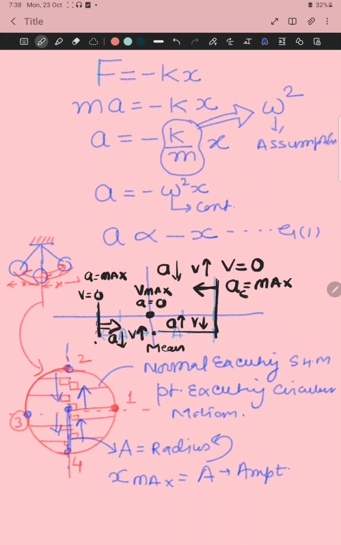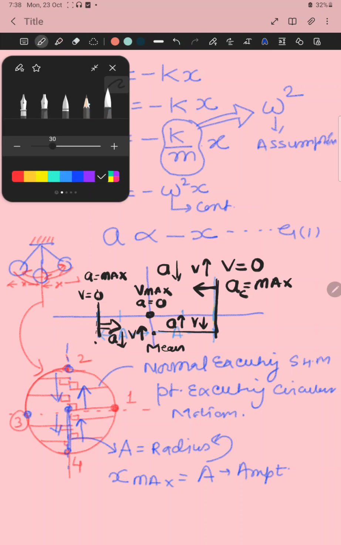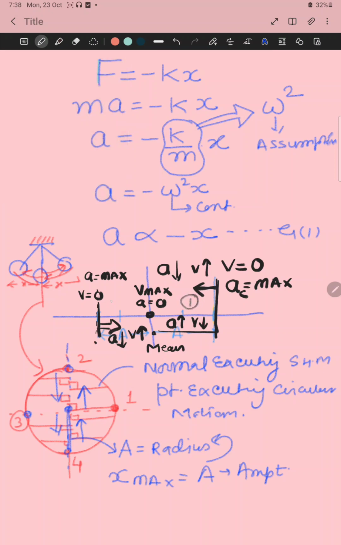So these are the 4 coordinates through which we can quickly analyze: one, 2, 3, 4. Under these situations, you had better remember what will happen in the first quarter, second, third, and fourth.